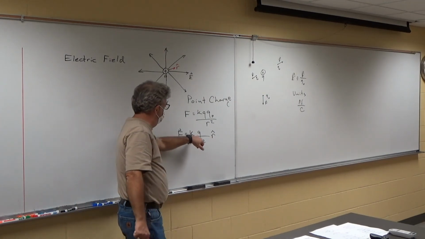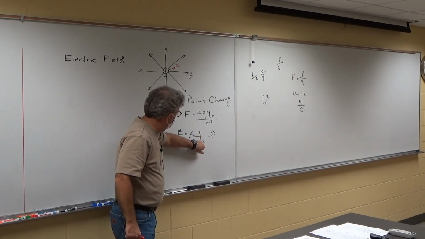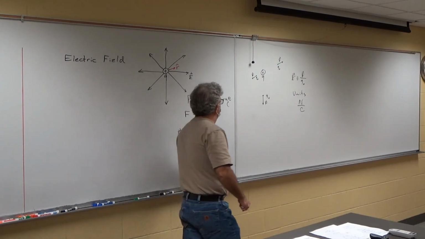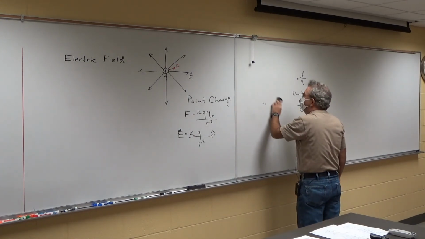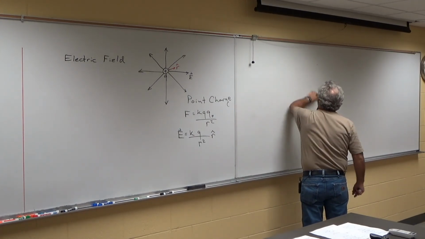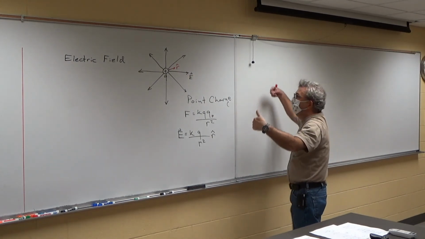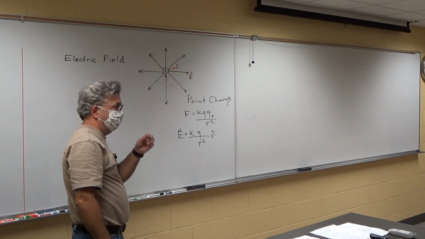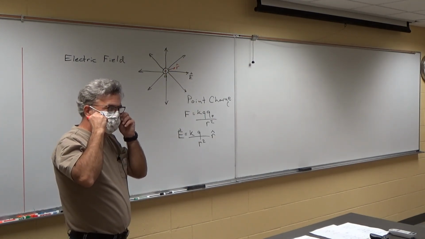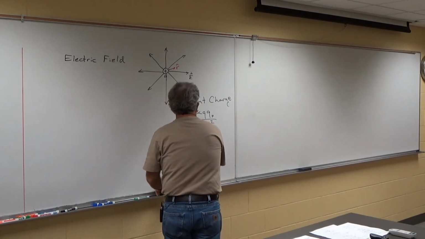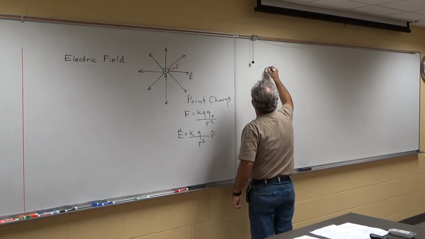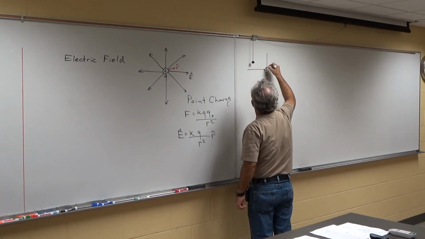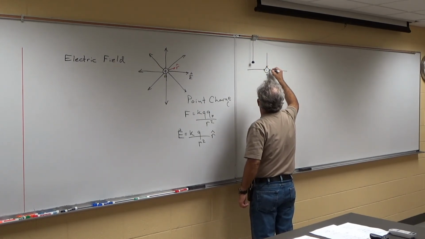So you do have to pay attention to the sign of the charge, because a negative charge will have field lines that point in the opposite direction of R hat. Positive charges have field lines that point in the direction of R hat. So for a negative charge, the field lines start out at infinity and they end on the negative charge.